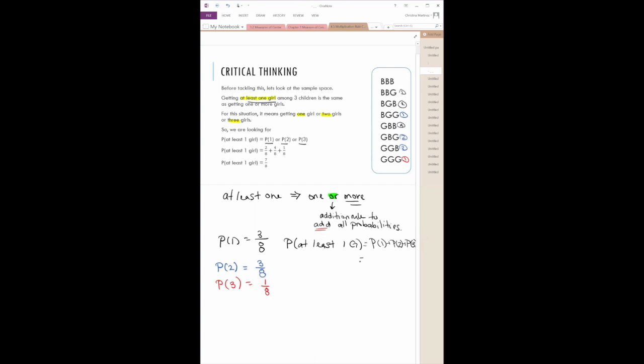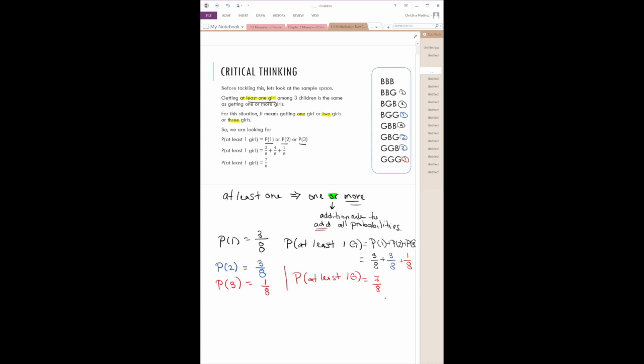So this is really 3/8 plus the 3/8 again, plus the 1/8. And I just add up the numerators together, which would give me 7 divided by 8. And that is our probability of having at least 1 girl from the 3 children for this couple. So that's our probability here.